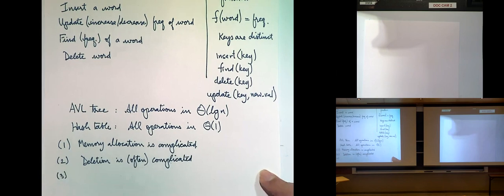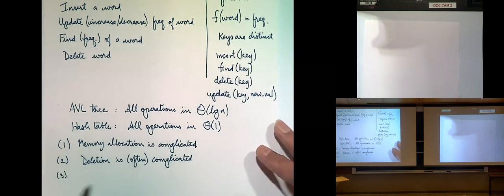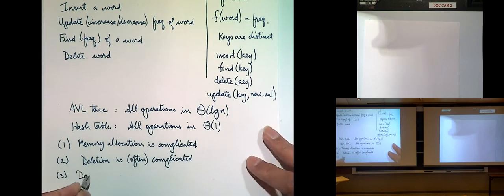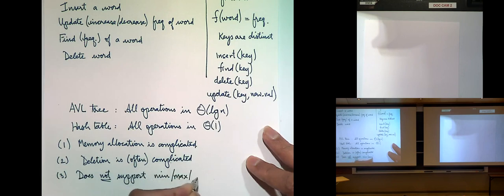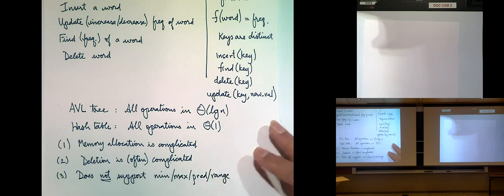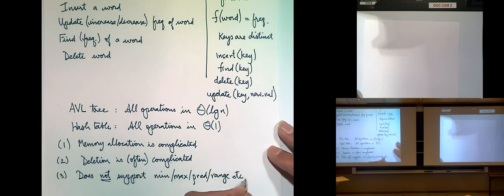The third, which is probably the primary issue, is that it does not support min, max, predecessor, range, etc. queries.